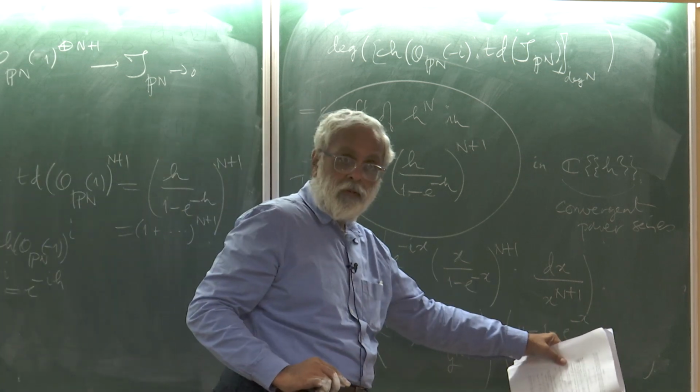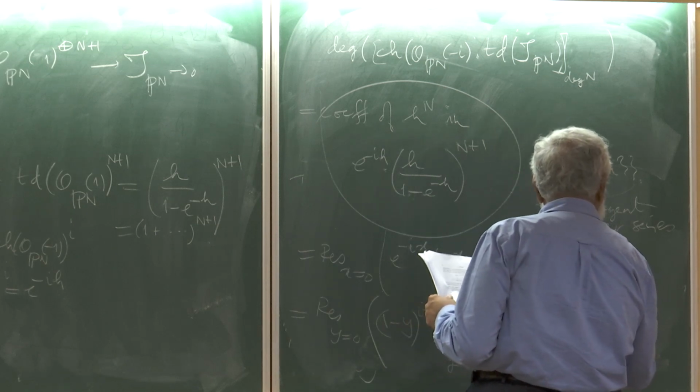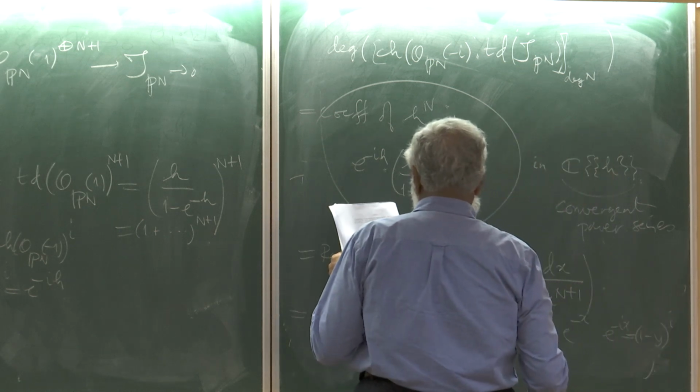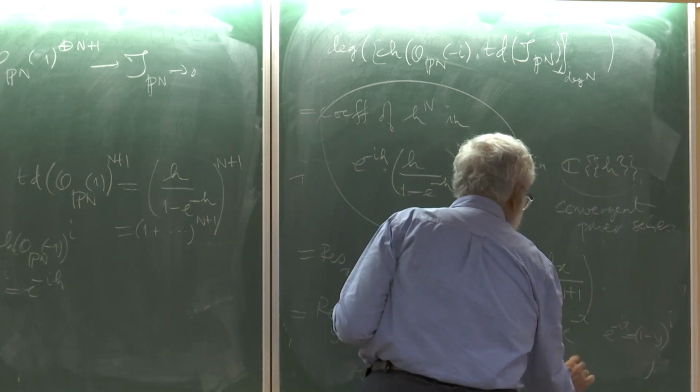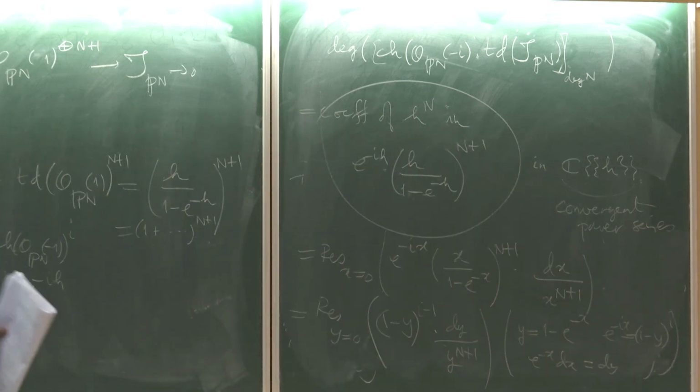Okay? And then e to the minus ix is (1 minus y) to the i, and e to the minus x dx is equal to dy. And I'm using that residue is invariant under change of variables.